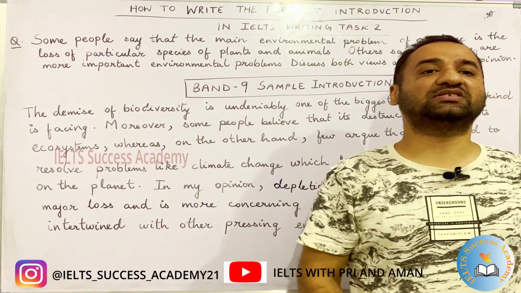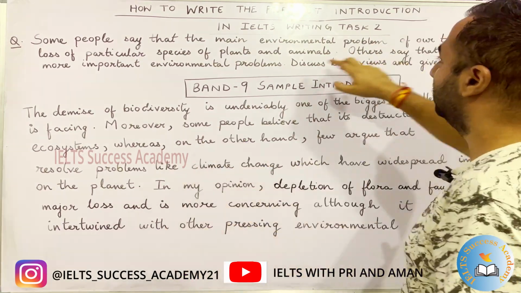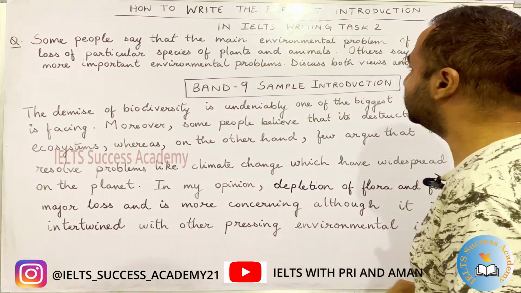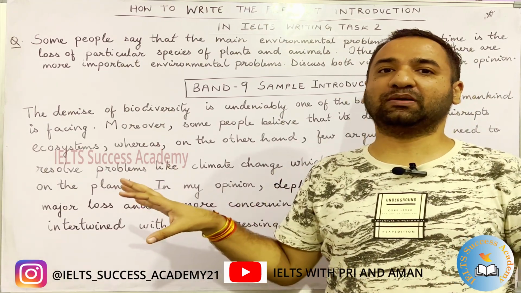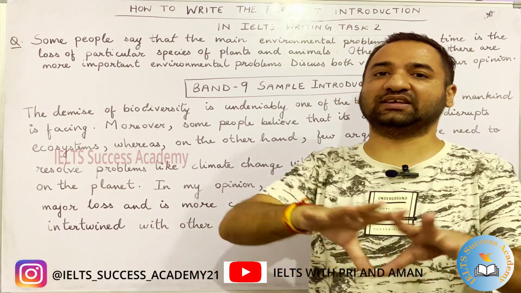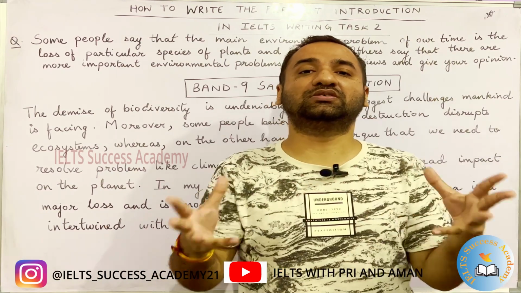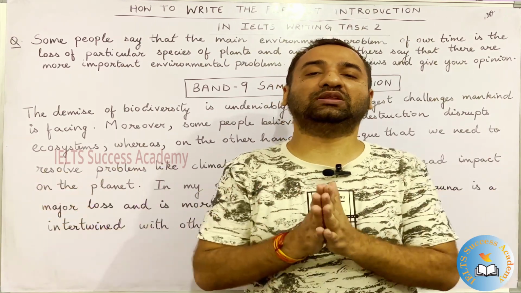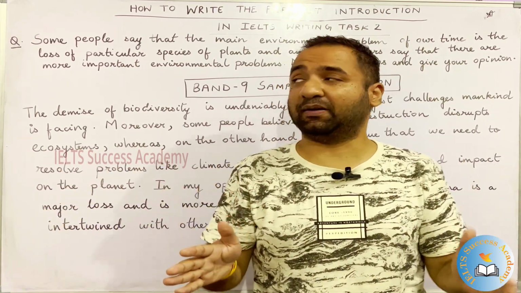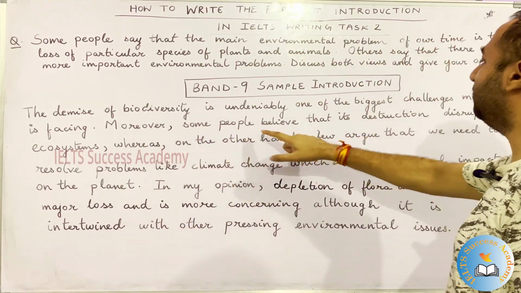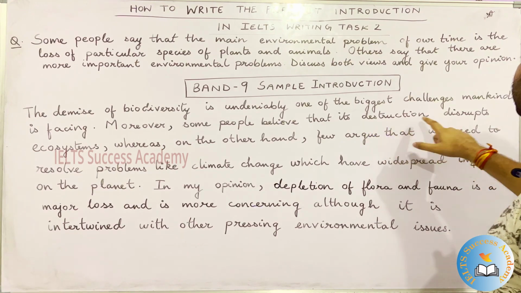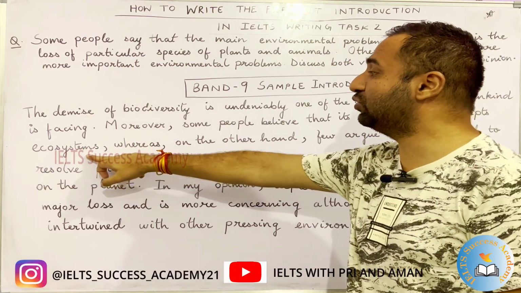Demise of biodiversity is loss of particular species of plants and animals. Biodiversity comprises plants, animals, insects, and other kingdoms. All the animals, all the plants that are present in the environment. Moreover, some people believe that its destruction disrupts ecosystems.